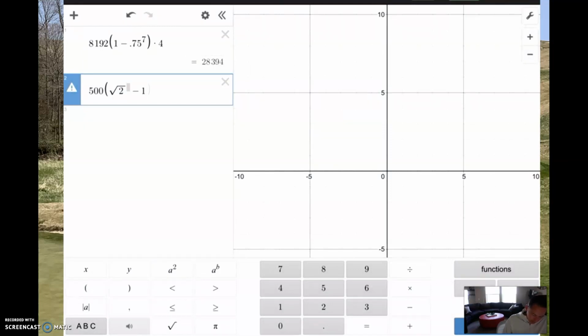Get rid of that guy. And then all of that has to get divided by 3. So that becomes 69.0355. So let's round that one.